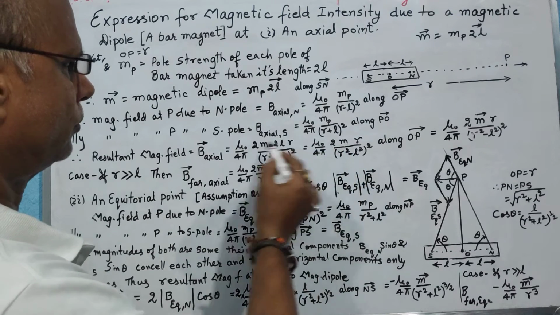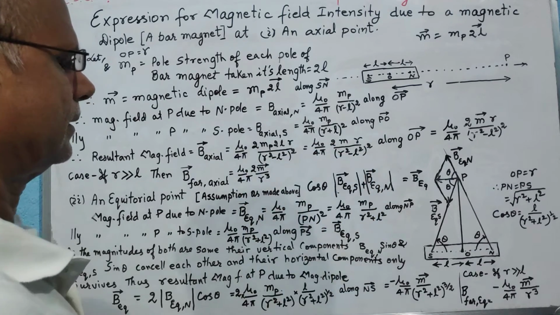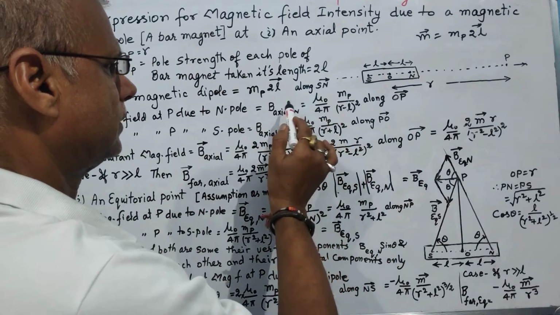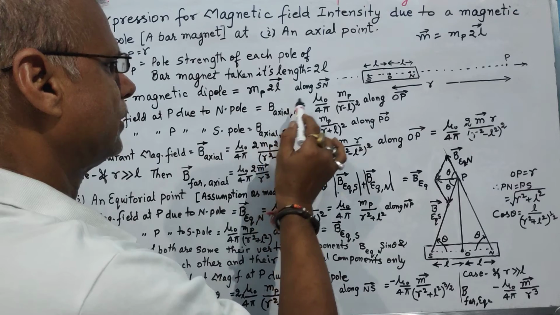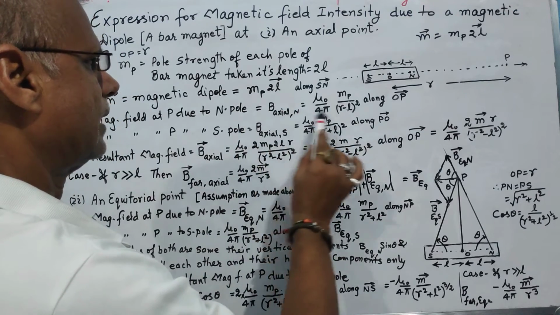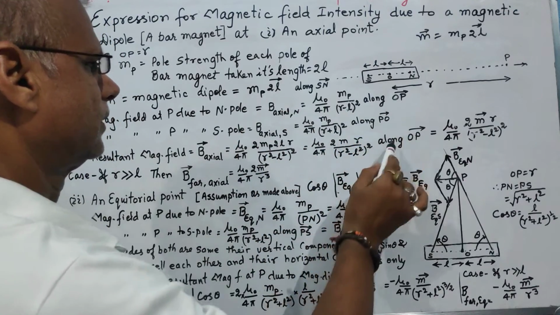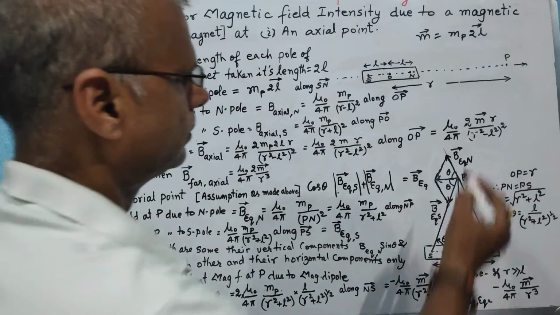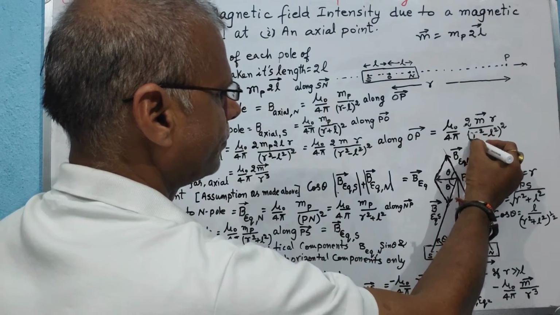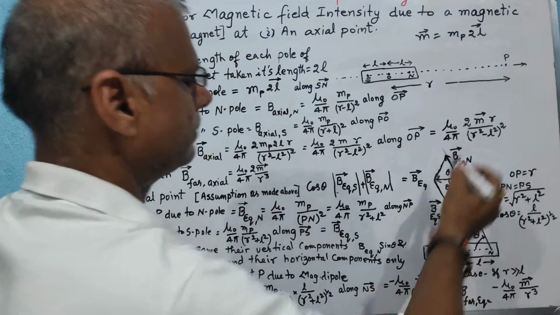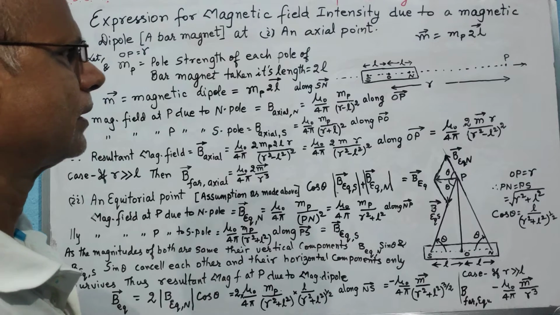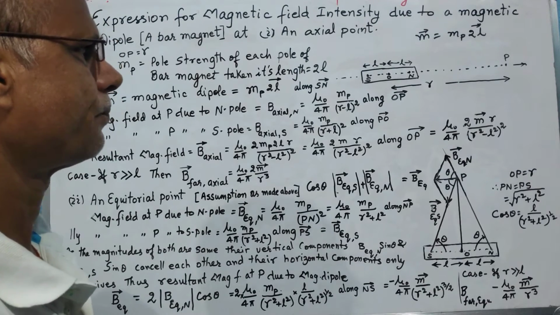The direction will be along the magnetic field which is stronger. So this is having a stronger magnitude, therefore it will be along OP. So this is the final result for the magnetic field at an axial point due to a magnetic dipole.